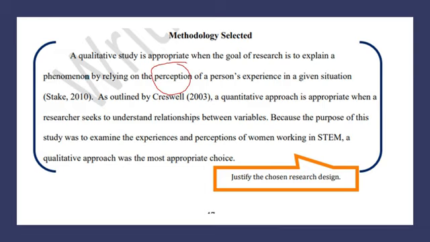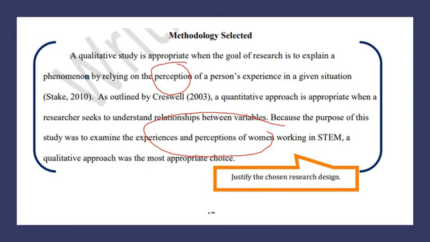That is the perception. A quantitative approach is appropriate when a researcher seeks to understand the relationship between variables. Because the purpose of this study was to examine the experiences and perceptions of women working in STEM, a qualitative approach was the most appropriate choice.